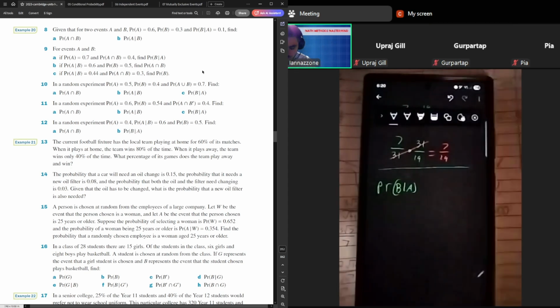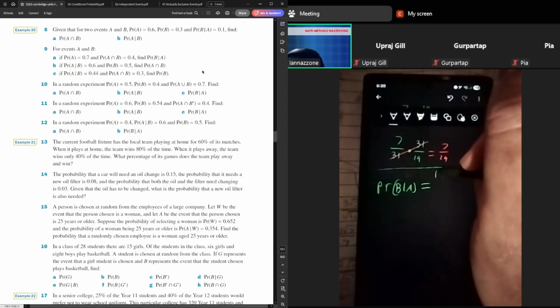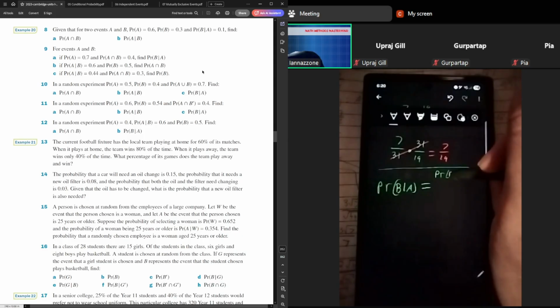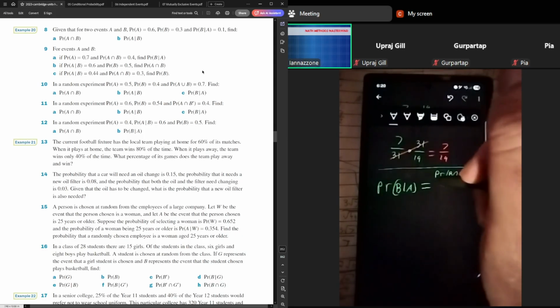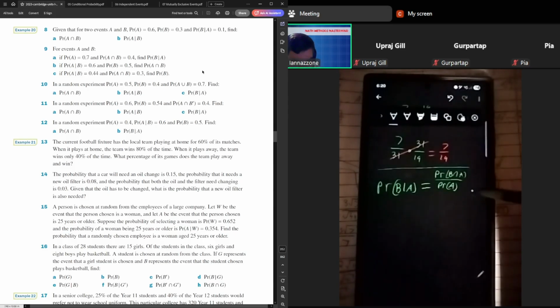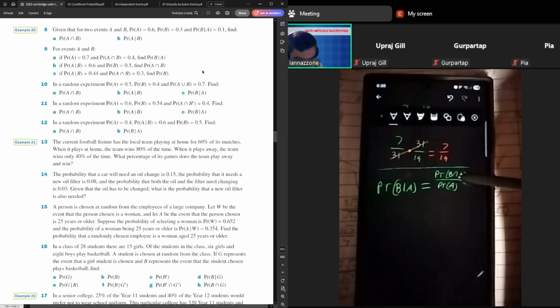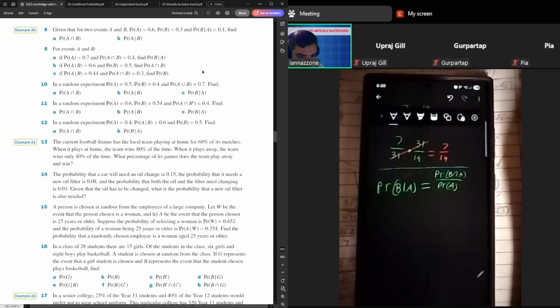For everyone else, that's just a rearranged version of the conditional probability formula, P(B intersect A) divided by P(A). You can rearrange to get either of these on their own. You can multiply both sides by P(A), and that gets you the intersection on its own.